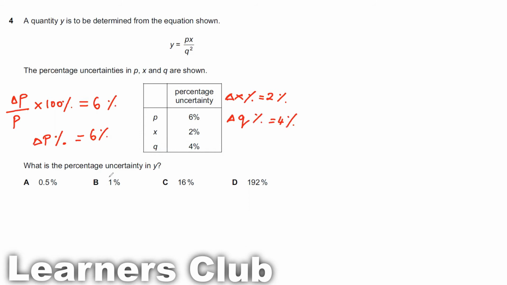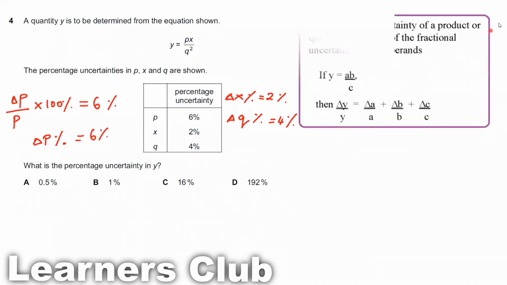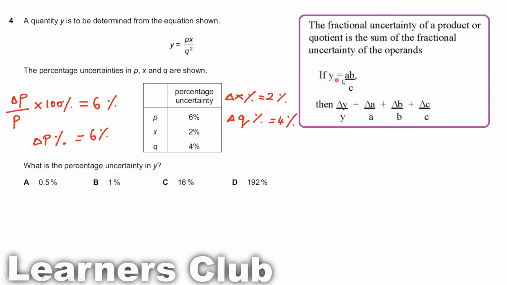What is the percentage uncertainty in y? Now we need to know, in order to find the percentage uncertainty in product or quotient, we need to just add the fractional uncertainty. So for example, if you have y is equal to AB over C, the fractional uncertainty del Y over Y is equal to the sum of the individual fractional uncertainties.